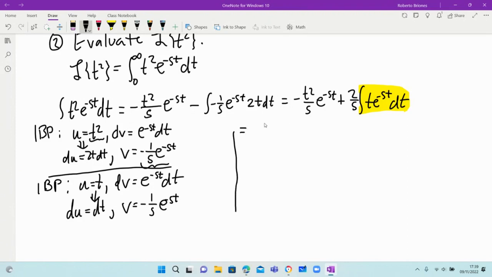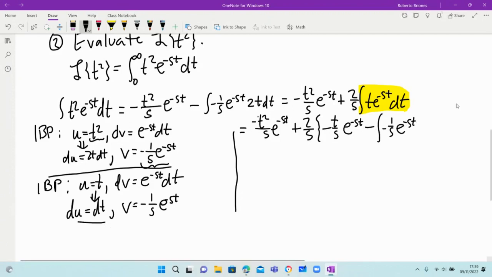This will become equal to negative t squared over s times e to the negative st plus 2 over s times some expression which is equal to negative t over s e to the negative st minus v, which is this, negative 1 over s e to the negative st, du, which is this, so that is just dt.